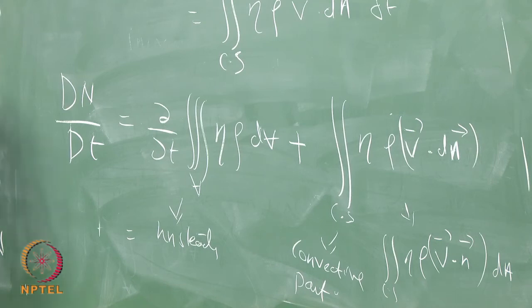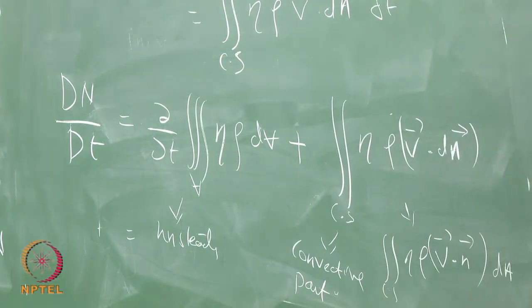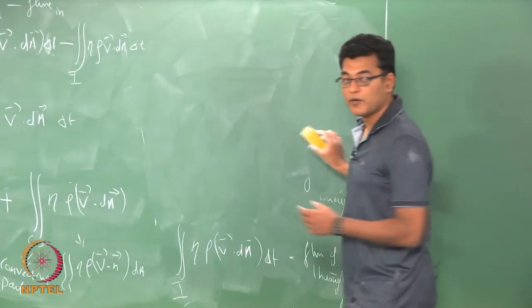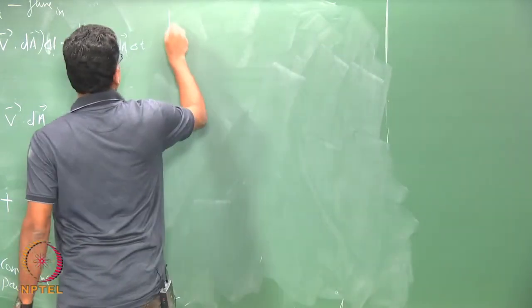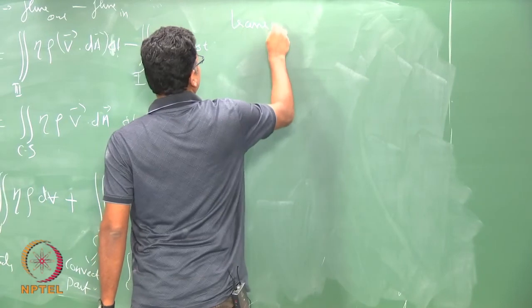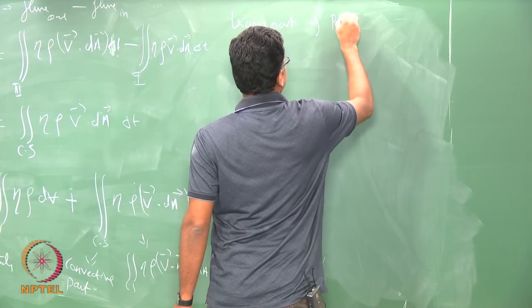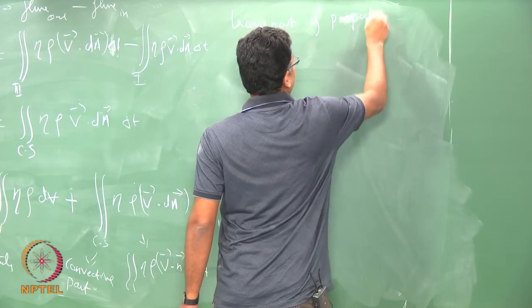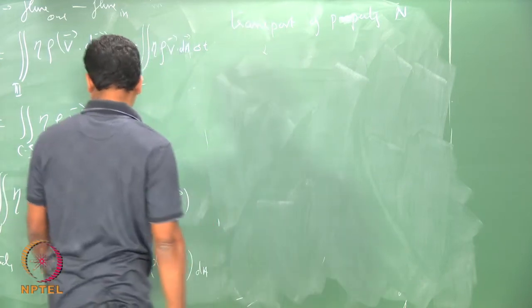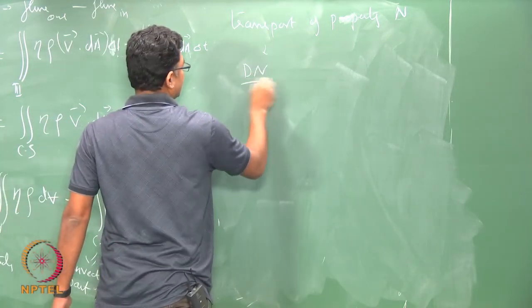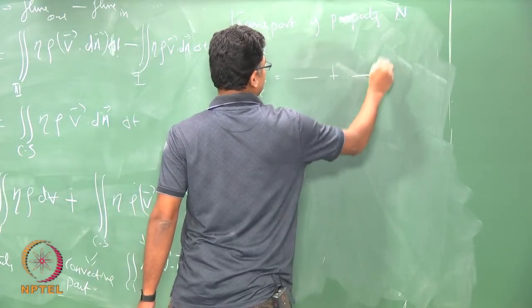Okay. And this equation is typically known as the Reynolds transport equation, because you are trying to find the transport of the property N. N is given by this equation, dN by dt equals these two terms.